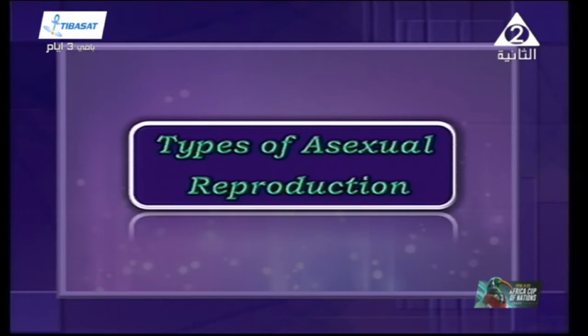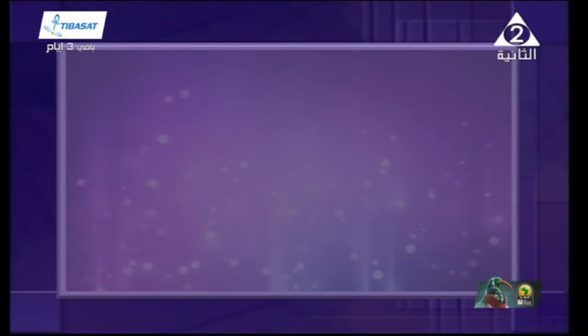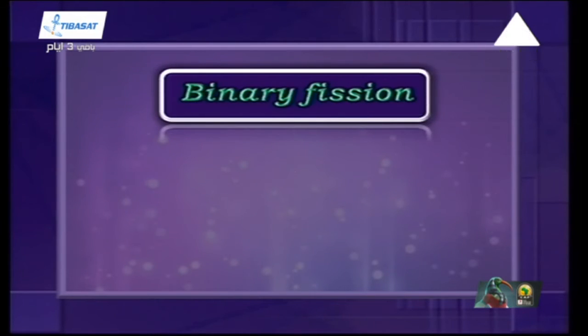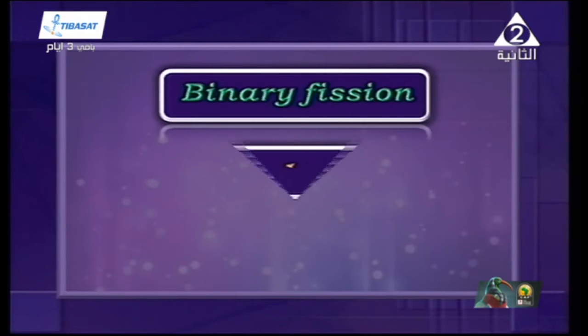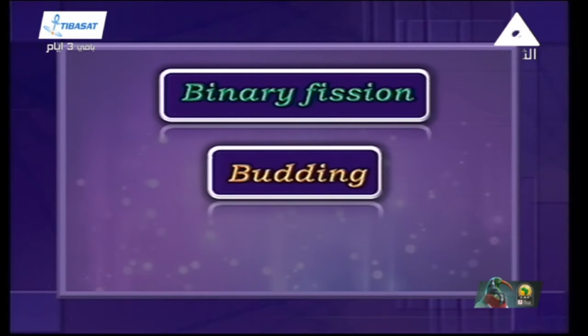Types of asexual reproduction. We have 6 main types of asexual reproduction. I'm going to count them, and after that I'll discuss each one separately. Number 1, binary fission. Number 2, budding.